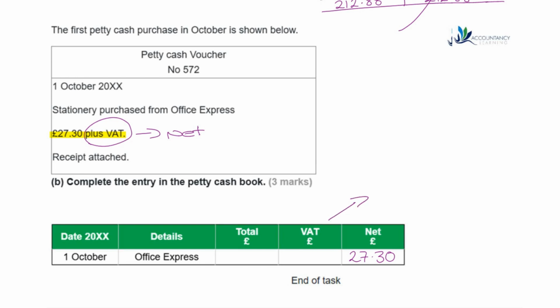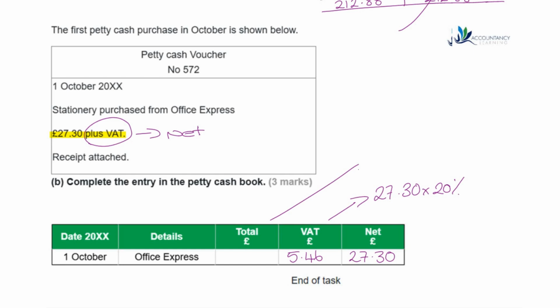Now for the VAT, we'll do £27.30 and multiply it by 20%, which is the VAT rate, and that will then give us our VAT figure of £5.46.